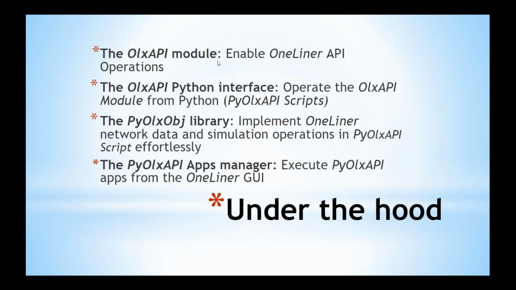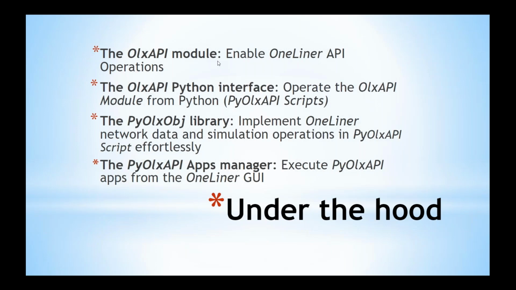You can do a lot of things with the OneLiner API. Basically, this library is designed to hide all the complexity of the programming behind the scenes so that you can focus on writing the application that you want OneLiner to do.